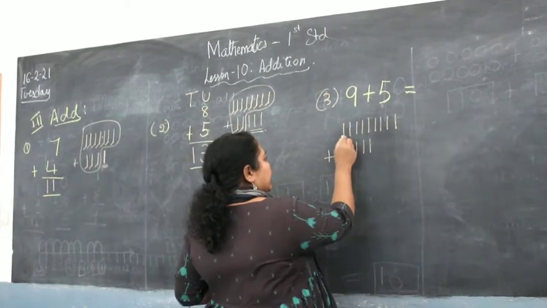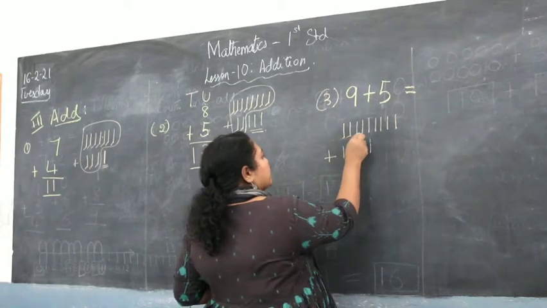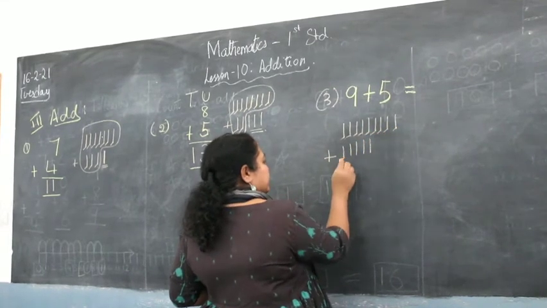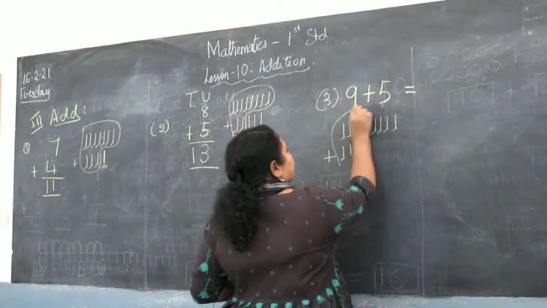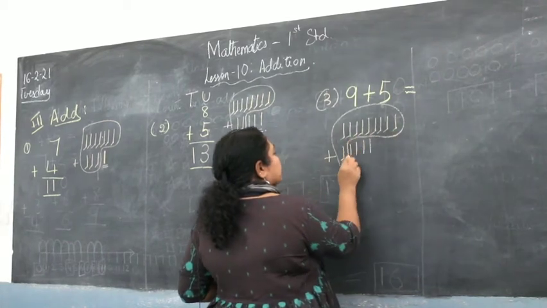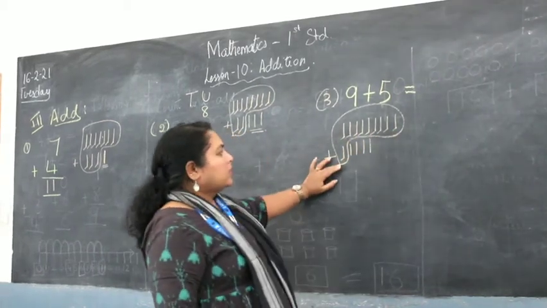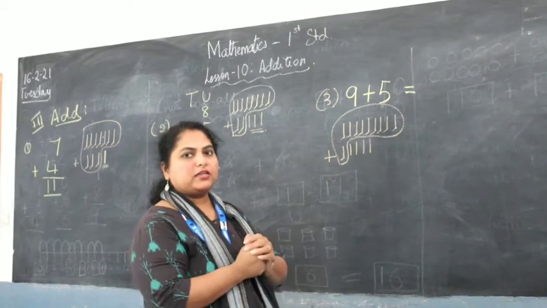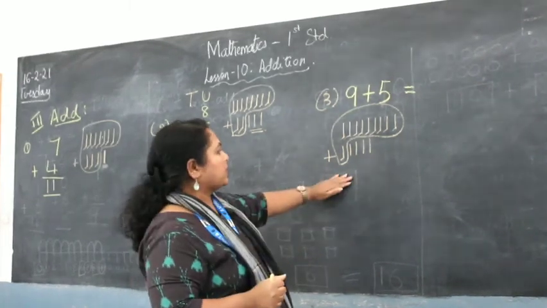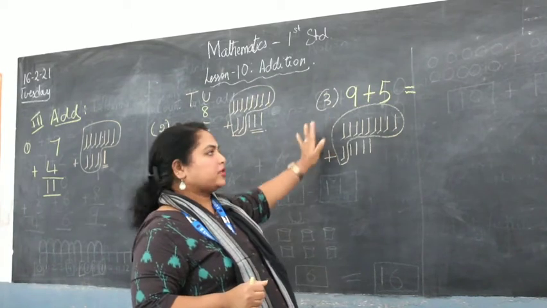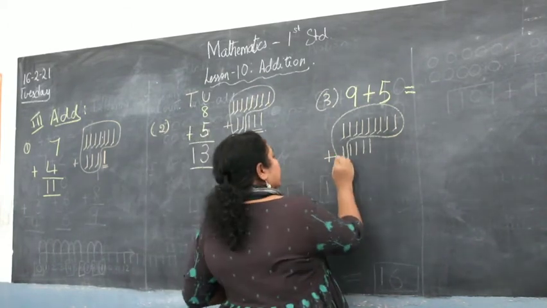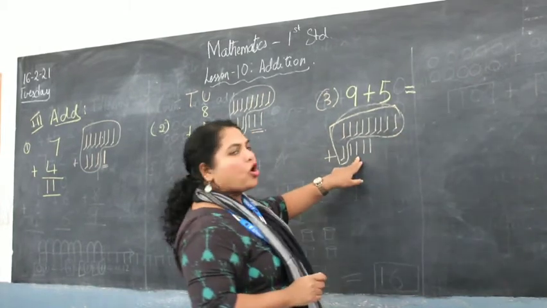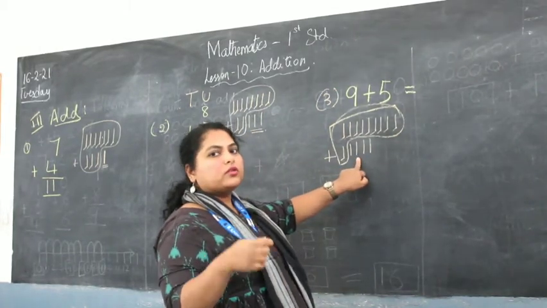Count the 10 sticks. 1, 2, 3, 4, 5, 6, 7, 8, 9, 10. When I find 10, I make a group of 10. You have learned this in the previous chapter, where you group into 10 and then see the remaining units, right? The same thing. I am grouping the sticks to 10 and then I will see how many sticks are left on the unit side.